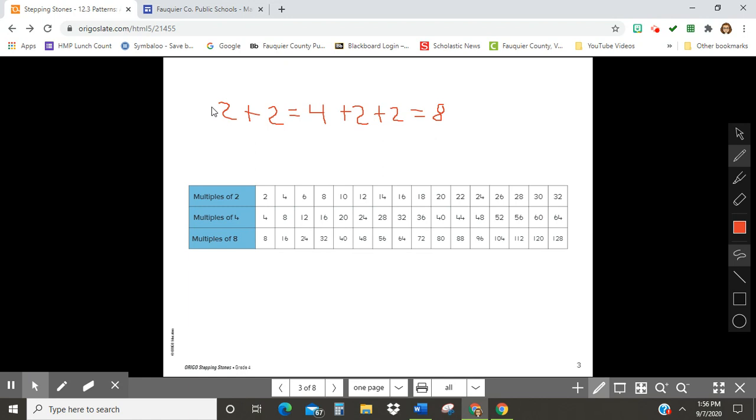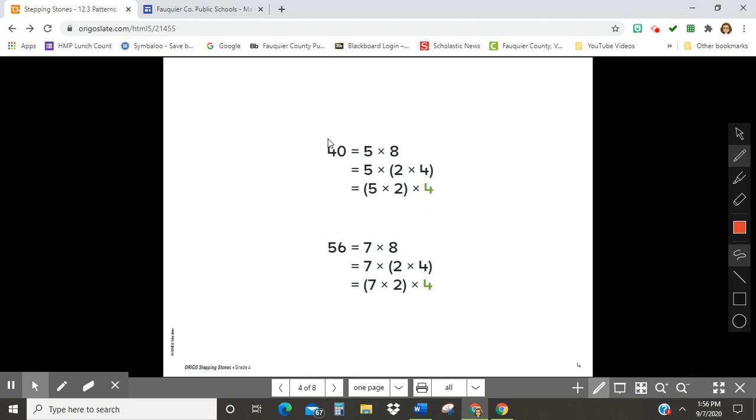And also, there's different equations we can use. So if we have the number 40, 5 times 8 is 40. And if we break that down, we break down the number 8 into 2 times 4, because 8 is the same thing as 2 times 4, right?